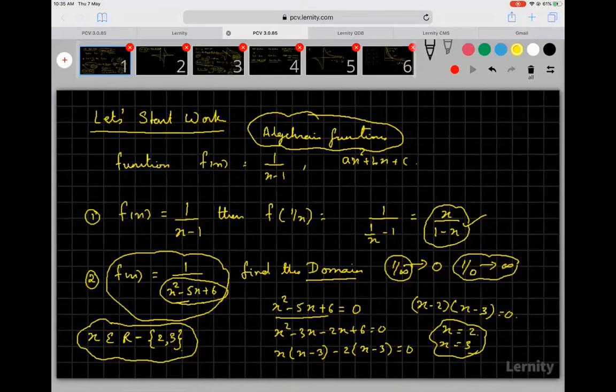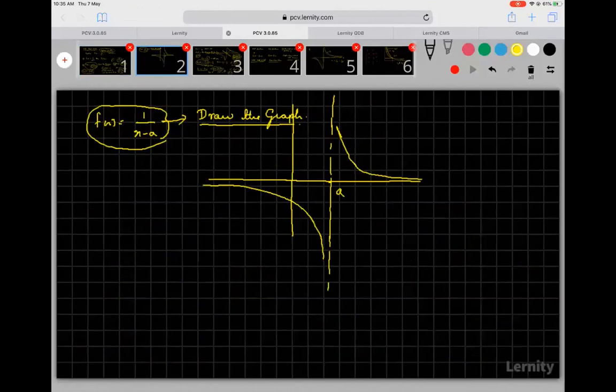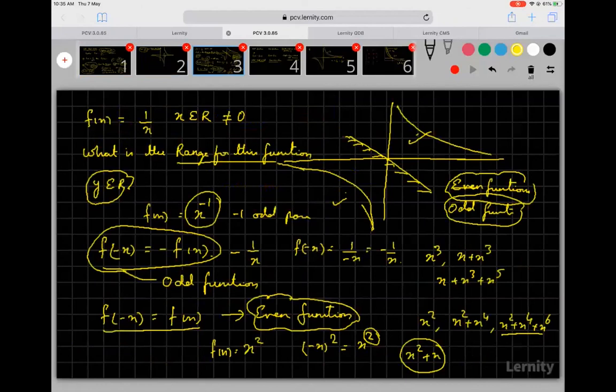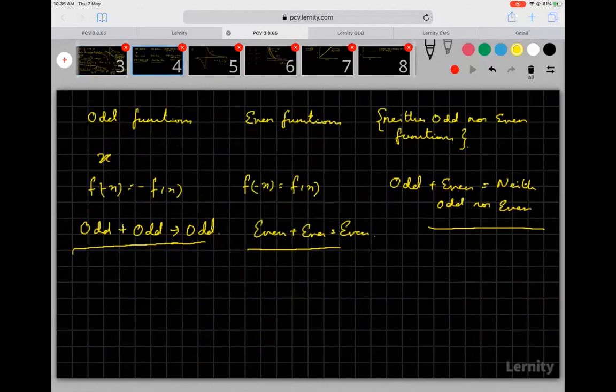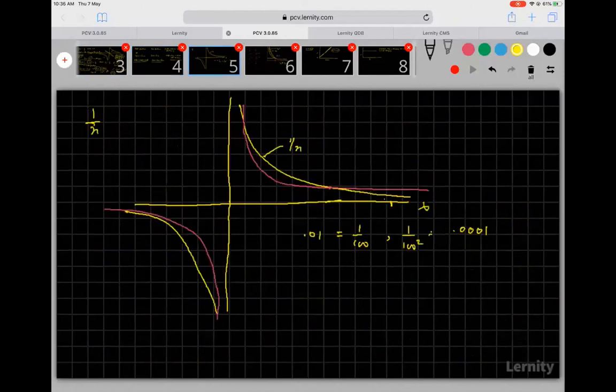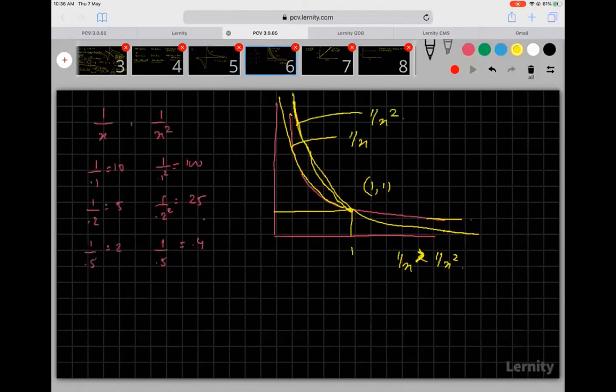So first one, second one, third one, fourth one, this is the fifth one, six.